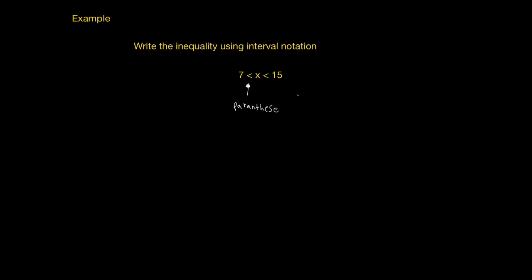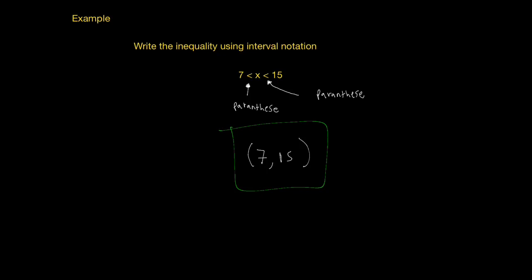There's no bar below that inequality, so here we're going to have another parenthesis. And now we can write this in interval notation. We have the 7, and then we have the 15. On the left we have a parenthesis, on the right we have a parenthesis. So the domain here, or this inequality, can be written as parentheses 7, 15. This is the interval notation.